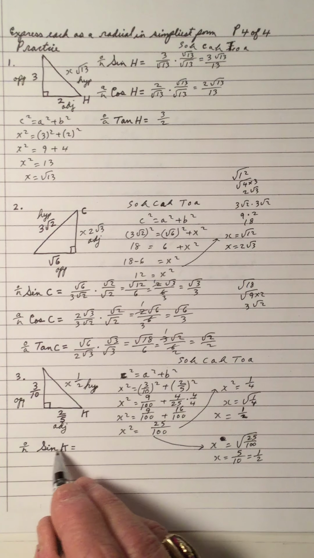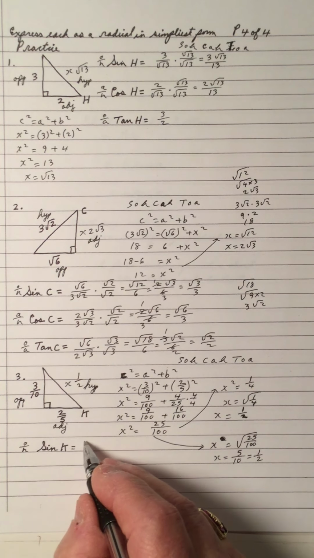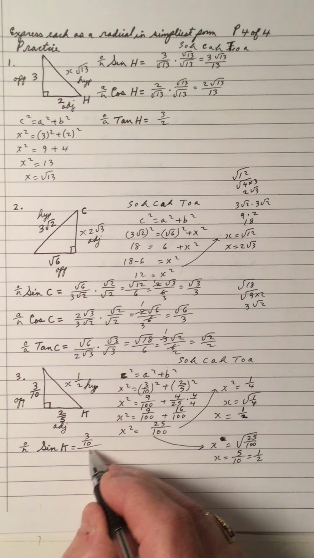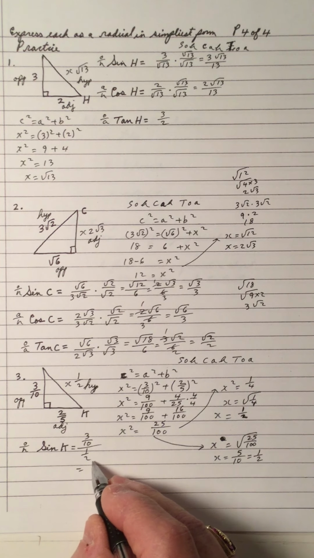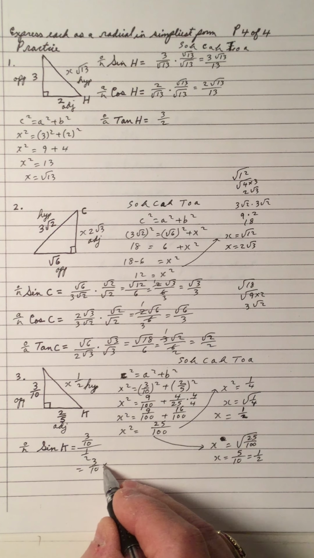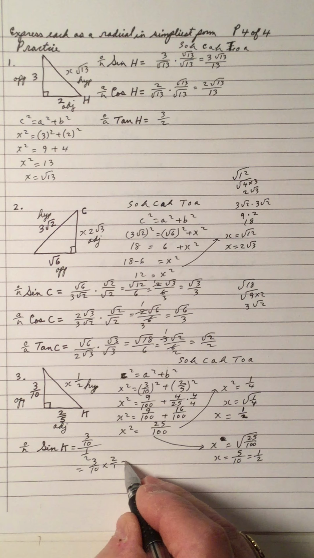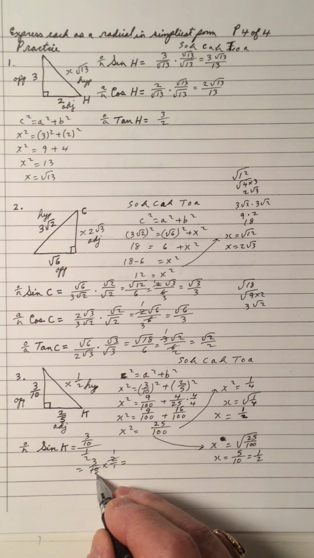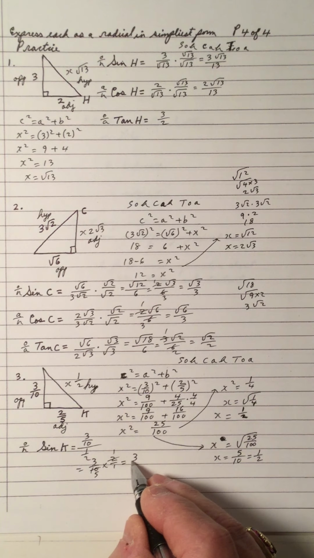So K, the sine is opposite over hypotenuse, so it's 3/10 divided by 1/2. So that's the same as 3/10 times 2/1. I can cancel. 2 into 2 goes once, 2 into 10 goes 5. So that's 3/5.